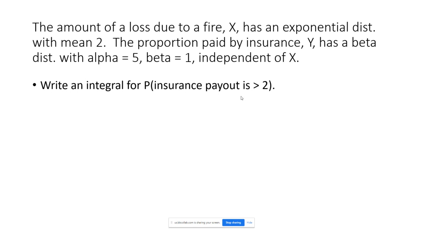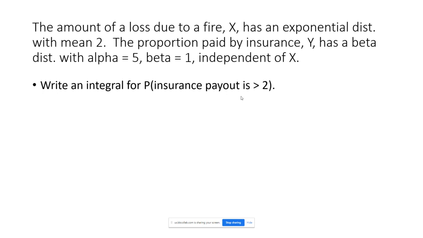So suppose that the amount of loss due to a fire was 2, and insurance paid for half of it. How much was the insurance payout? 1. How'd you get that? Just 2 times that half, or half of 2.